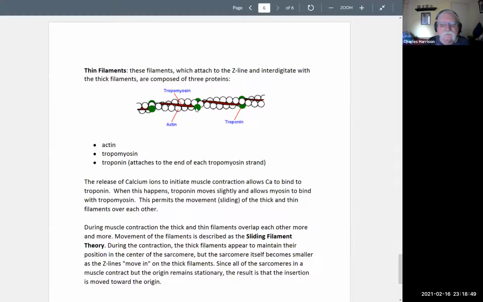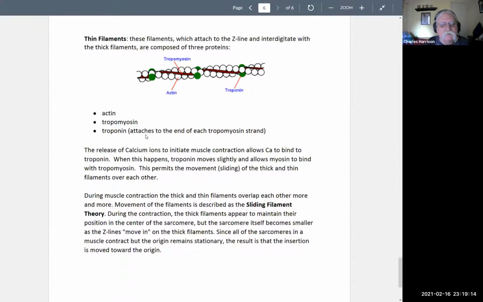But the idea is then the other side, the other groove, same thing. The other groove, same thing. Both sides are developing this. They have the tropomyosin. What for? To attach this third protein called troponin at the end. Troponin.